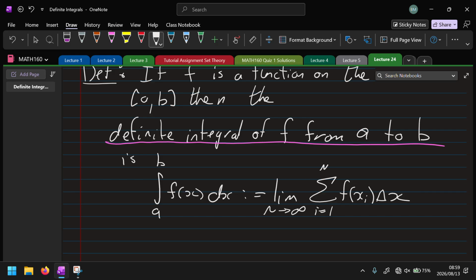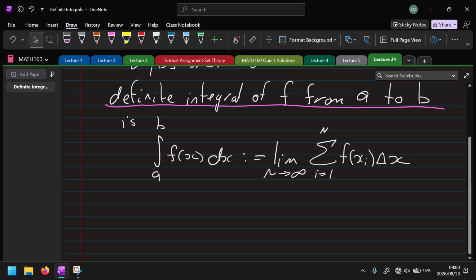Okay, so it's just a rewriting. Later on, we will change this to something a bit easier to calculate. But for now, whenever you see a definite integral, this symbol over here, it means this, which we did a few examples of before.